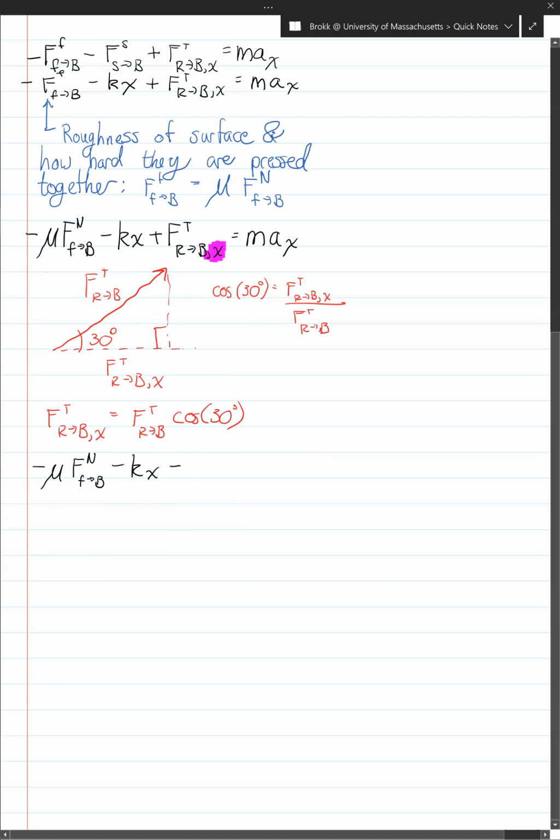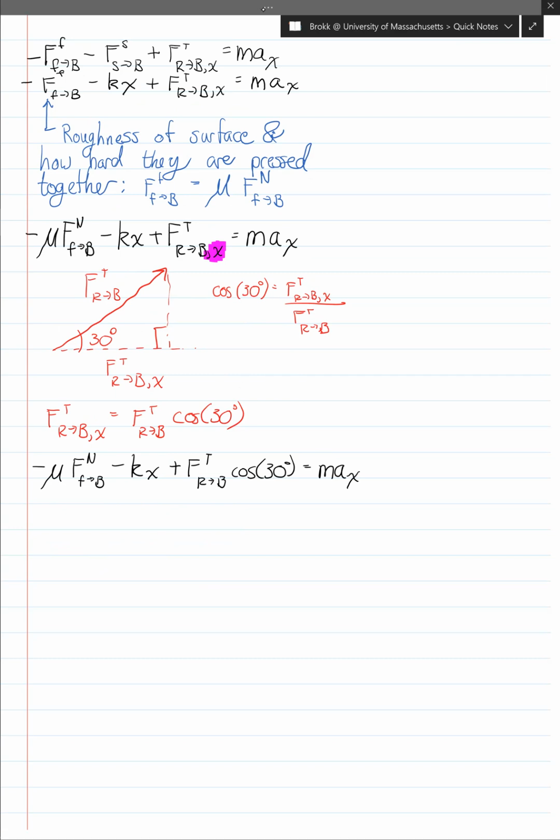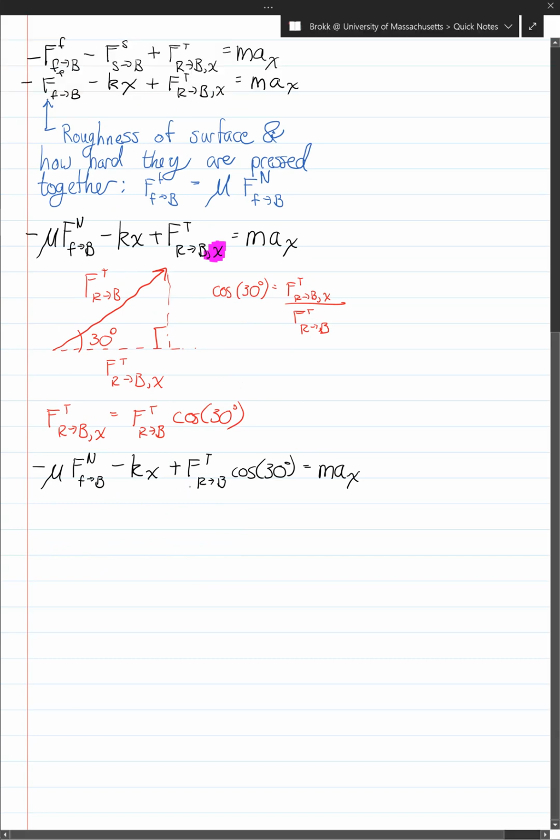Okay, minus kX plus FT RB cos 30 equals MAX. And now let's take sort of inventory. This we know, it's 10 newtons, like we said. This is a number. This we know, it's 5 kilos.